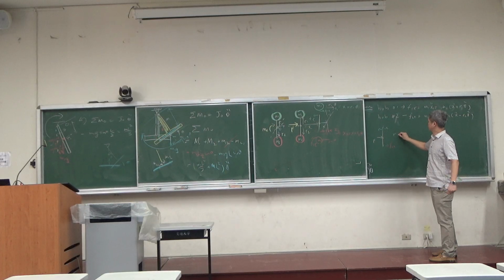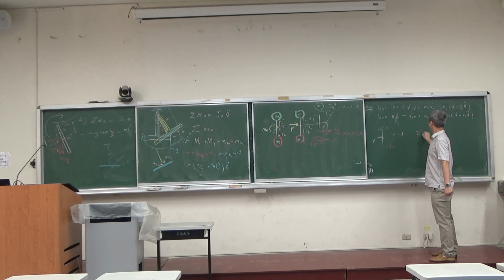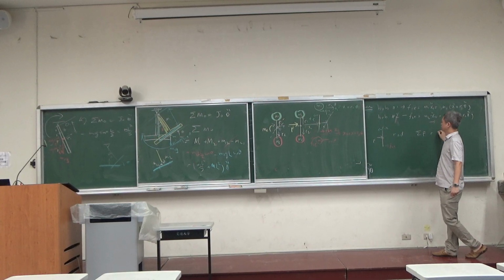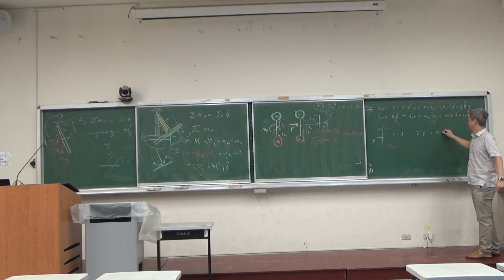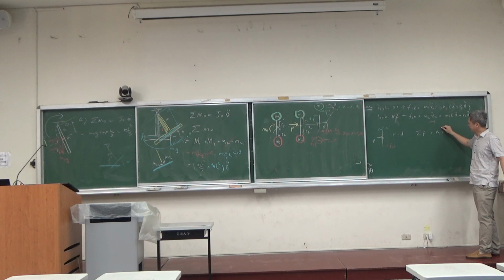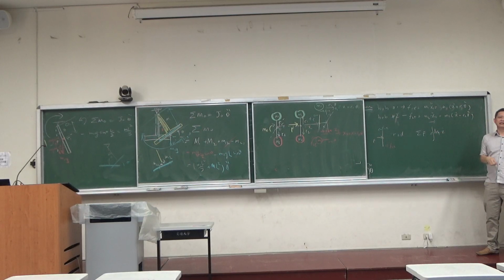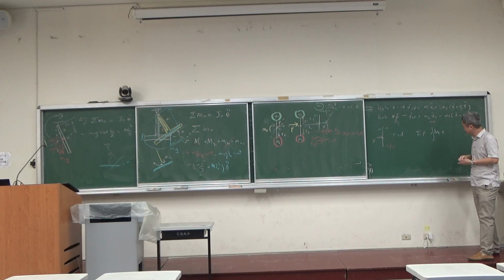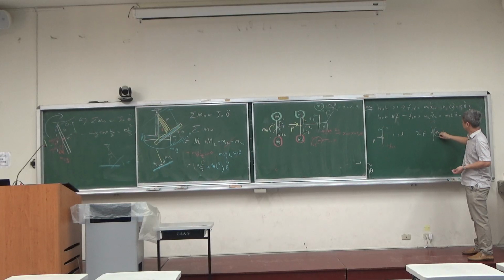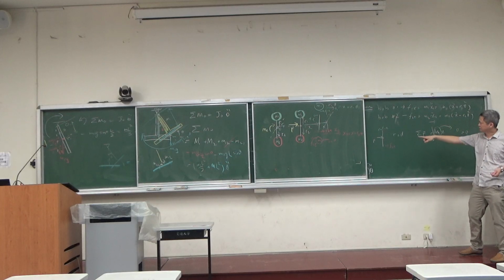Supposedly the rod should have force sum equal to mass times acceleration. But interestingly, your mass is 0. So the right answer is 0 because this is massless.